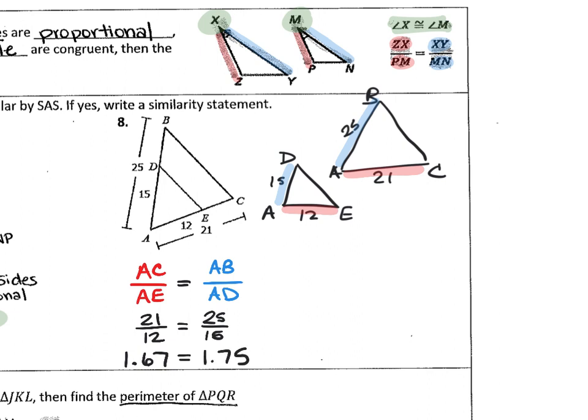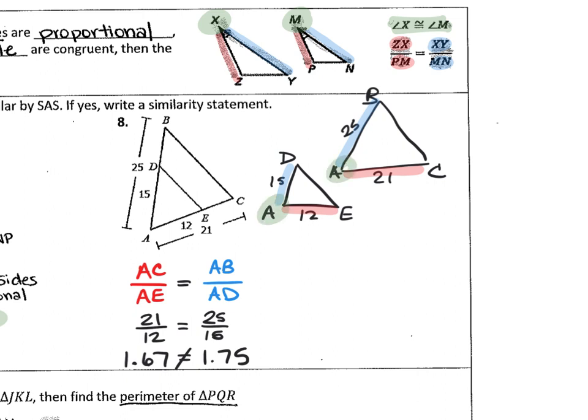Are those numbers the same? No. If they're not the same, then we cannot use this theorem to prove that the triangles are similar, even though they have that shared angle.